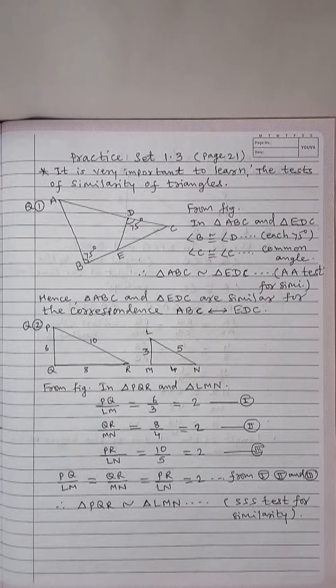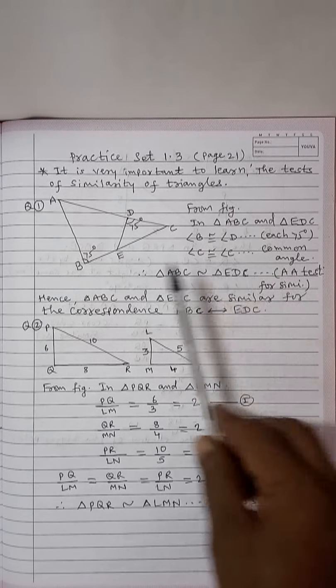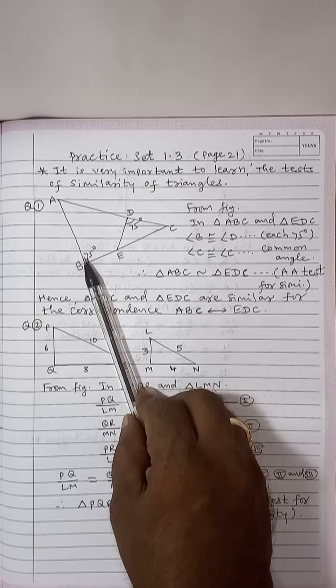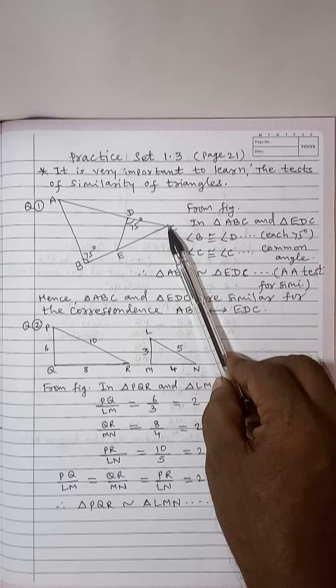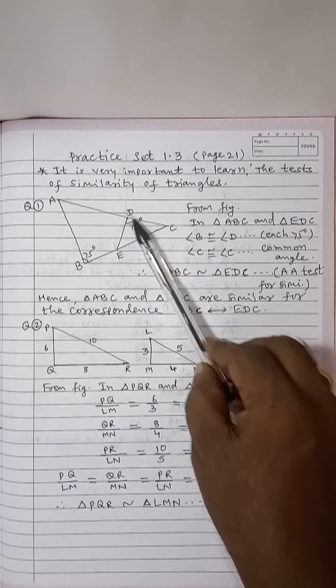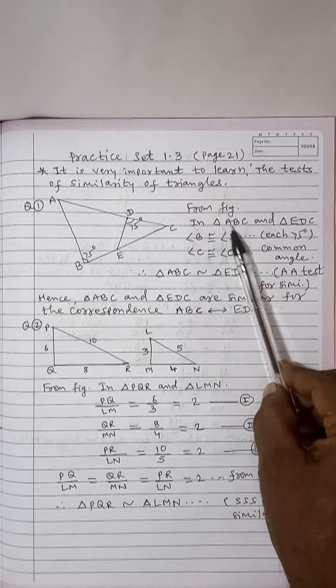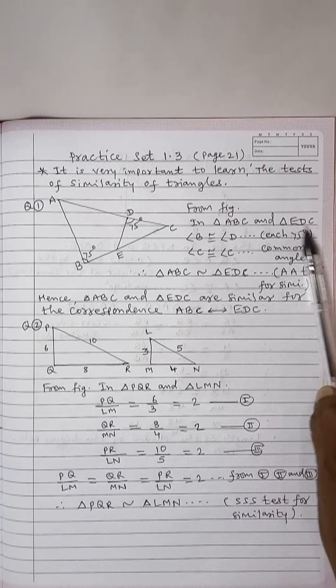Now see here. Yes, here is the figure. Pay attention. In triangle ABC and triangle EDC, the correspondence is ABC corresponds to EDC.